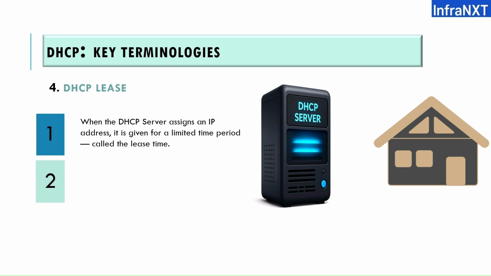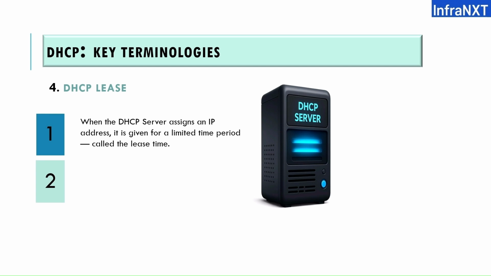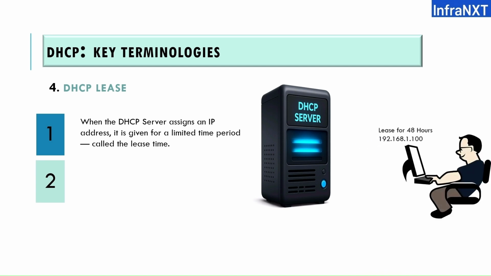When the agreement time expires, we have to either renew the agreement or surrender the property, and that property can be given to any other interested party. Similarly, the DHCP server provides a lease of an IP address for a fixed time period.